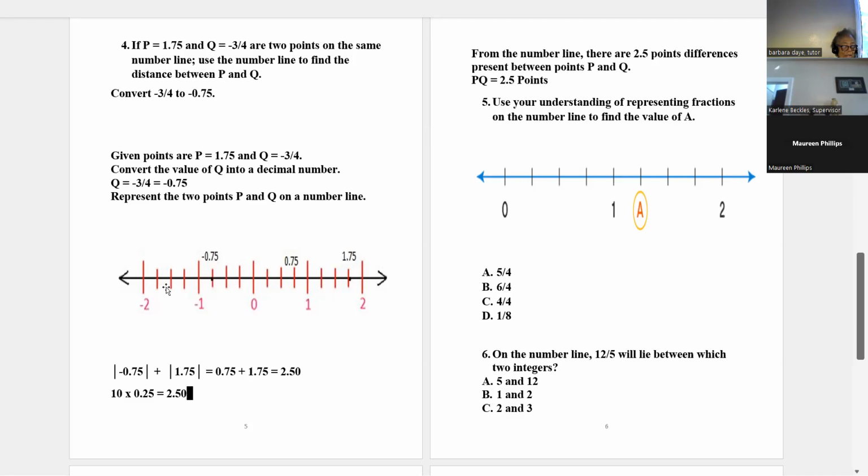Maureen, what is this point right here? I'm between minus 1 and minus 2. So what would that point right there be?